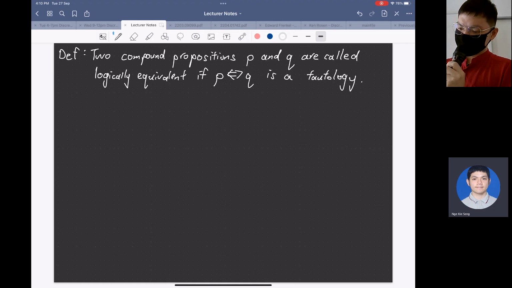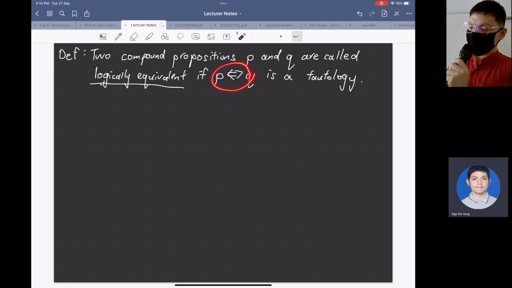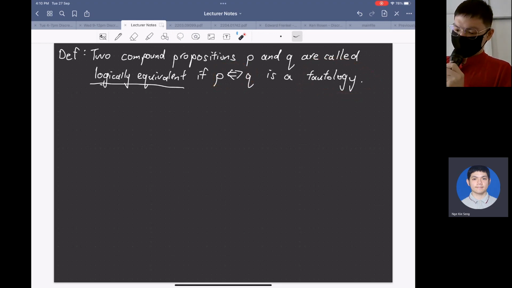I have told you what if and only if is, right? I also told you what a tautology is. Actually, there's an easier way to check whether something is logically equivalent.